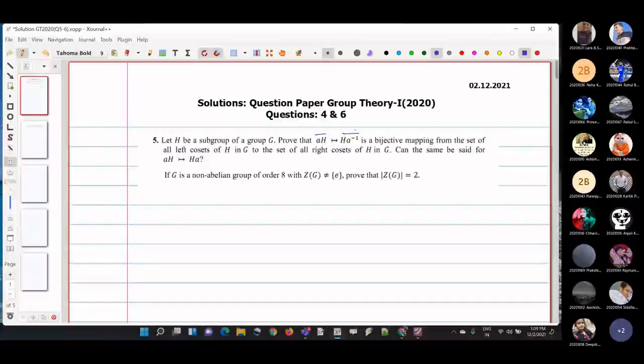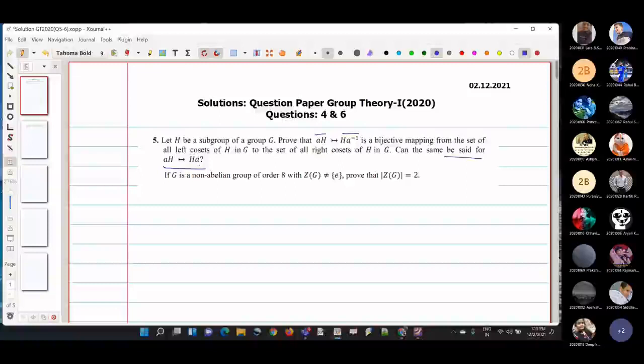We need to prove that this map is bijective. Can the same be said for the map defined by aH to Ha, that is, a left coset to a right coset?